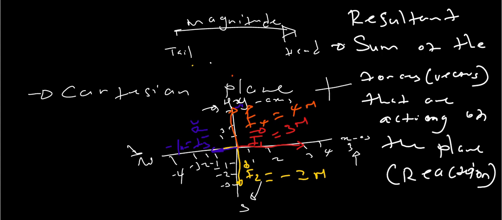In other words, a resultant is the shortcut of the forces from the beginning up to the end.